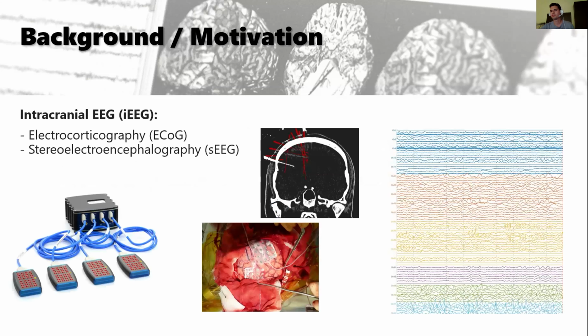So when working with intracranial EEG, you usually acquire many channels. It can be 100 or even more, and therefore you get a lot of data from different locations.